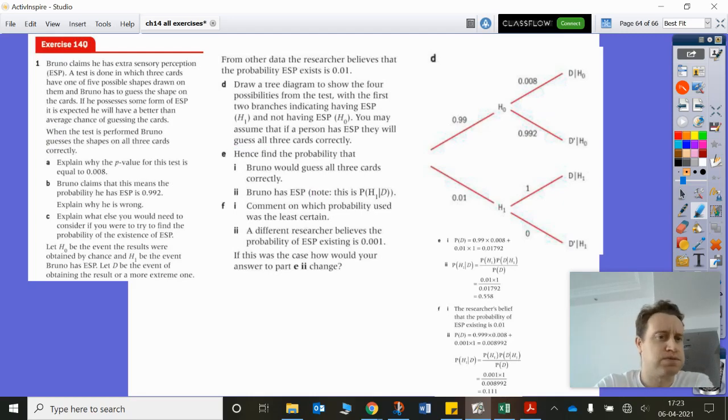So instead of it being 0.01, which is the probability of him having ESP, now that we know he's done the test, it's gone up to 56%. So given that he's done the test and got everything right, the probability of him having ESP has increased to nearly 60%, up from 1%.